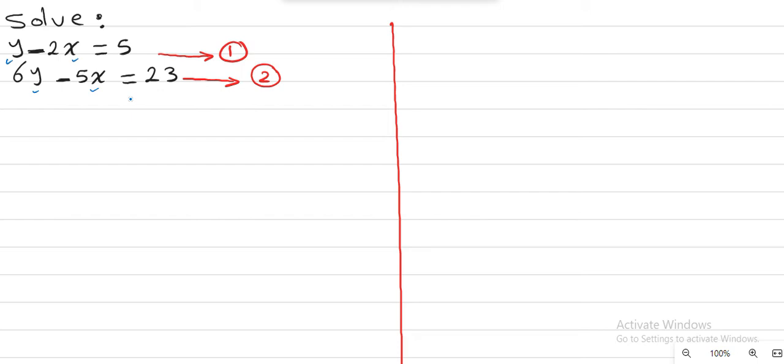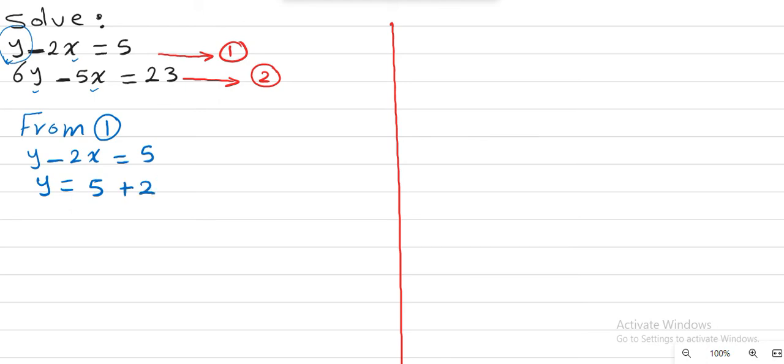Here in equation 1 we have variable y with coefficient positive 1, so I choose equation 1 to get the subject. From equation 1, which is y minus 2x equal 5, I'll make y the subject, so y equal 5 plus 2x.